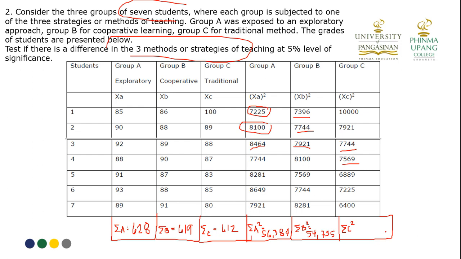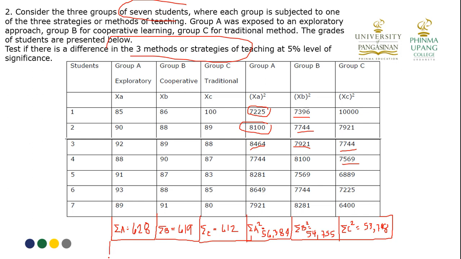Next. 53,748. 53,748. 748. Grabe kayo sumagot, kompleto. Pwede lang sabihin 54, 755, ganyan.